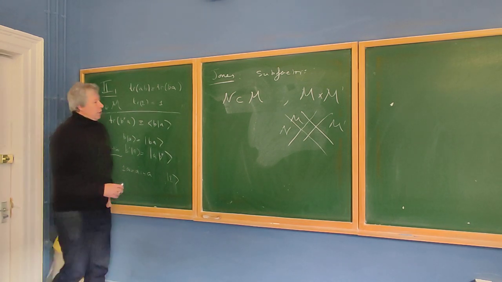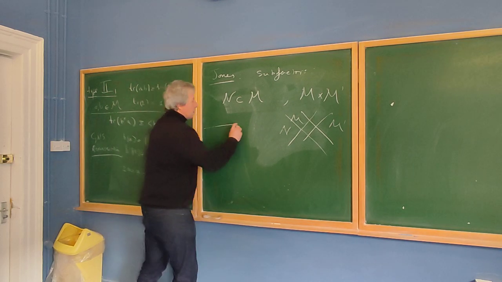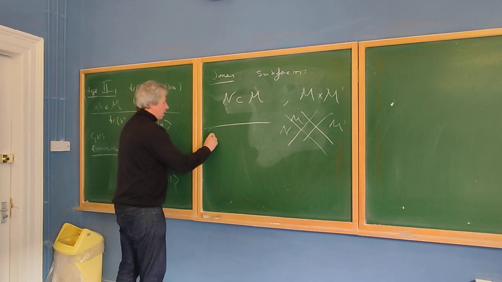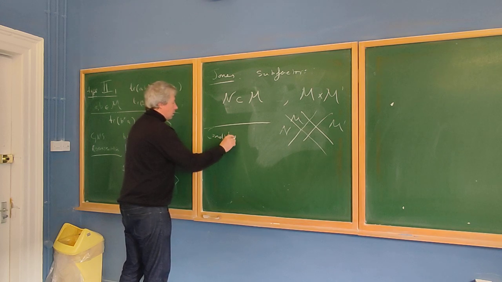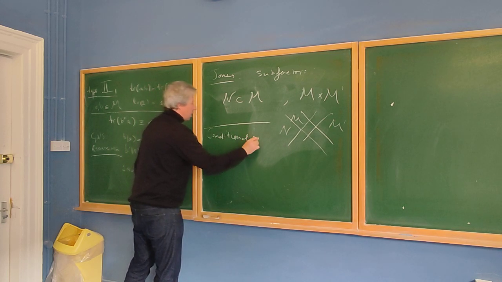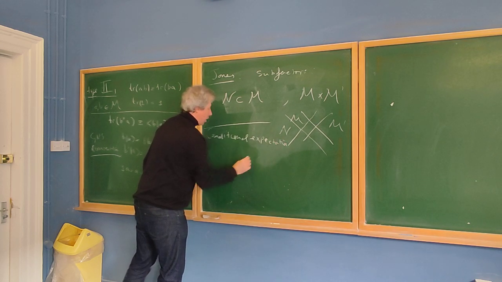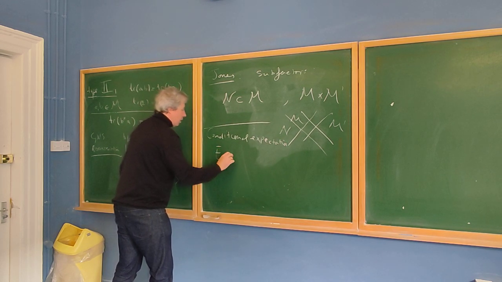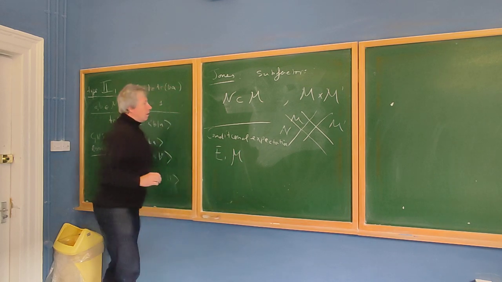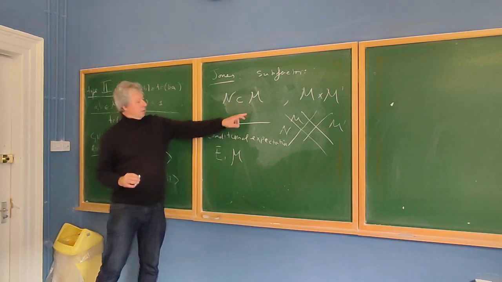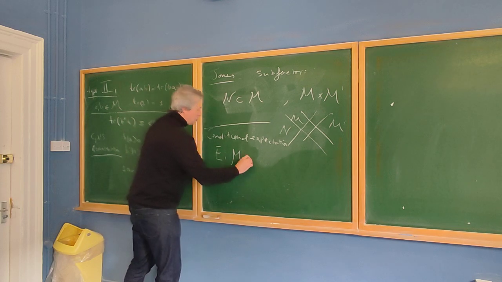So what I'm going to first introduce is what's called a conditional expectation, which is a map from the larger algebra to the smaller one.